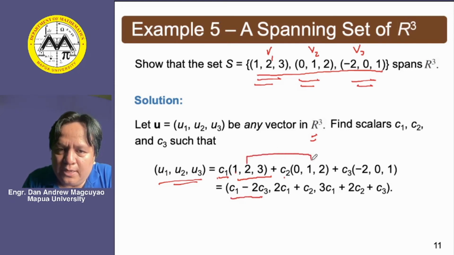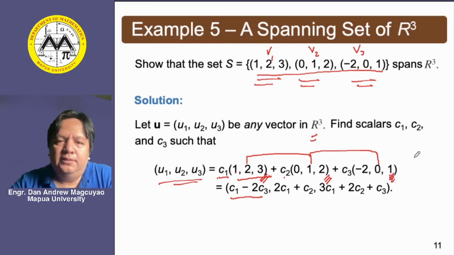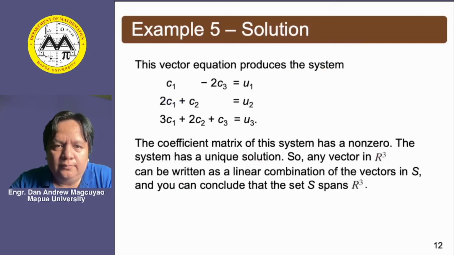For the second one, it would be 2 C1 plus C2 plus 0 C3. For the third element, 3 C1 plus 2 C2 plus C3. So the linear combination of this should be any vector of the form u1, u2, and u3.